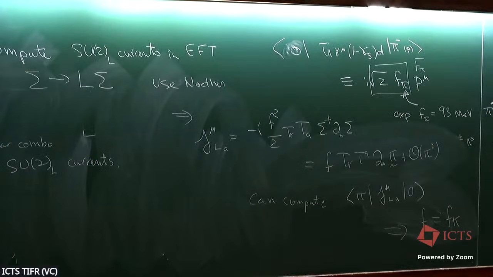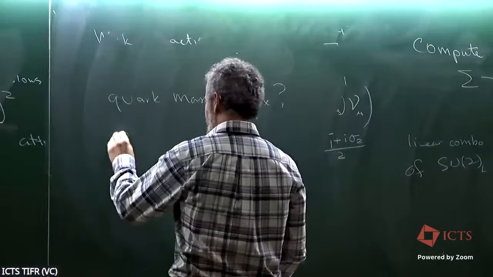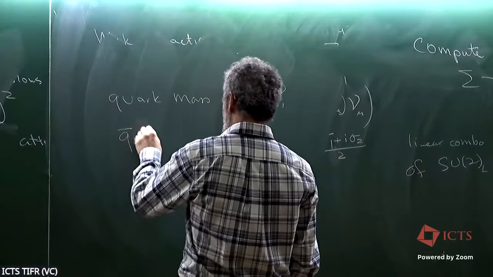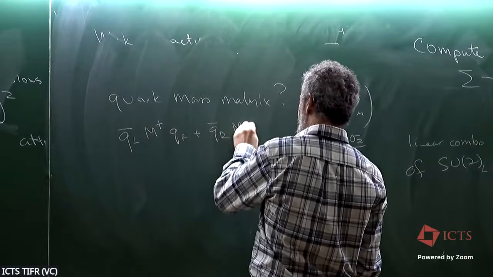What we'll have to do at the beginning of the next lecture, or maybe you'll hear it from Professor Isidori, is that we haven't put in the quark mass matrix. And we'll be able to do that because we'll remember that in QCD we had q̄_left M† q_right plus q̄_right M q_left.